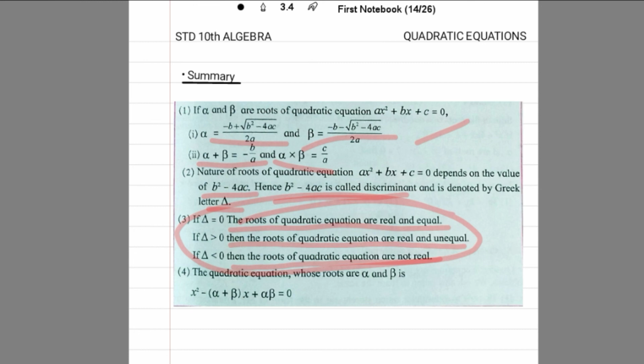The next thing which we learned is that we knew the roots, and then we found the quadratic equation from that, right? Using this expression, that is x square minus (alpha plus beta) into x plus alpha into beta is equal to 0. So this is how we found the equation, by finding the values of alpha plus beta and alpha into beta, and then substituting them in this expression, right?